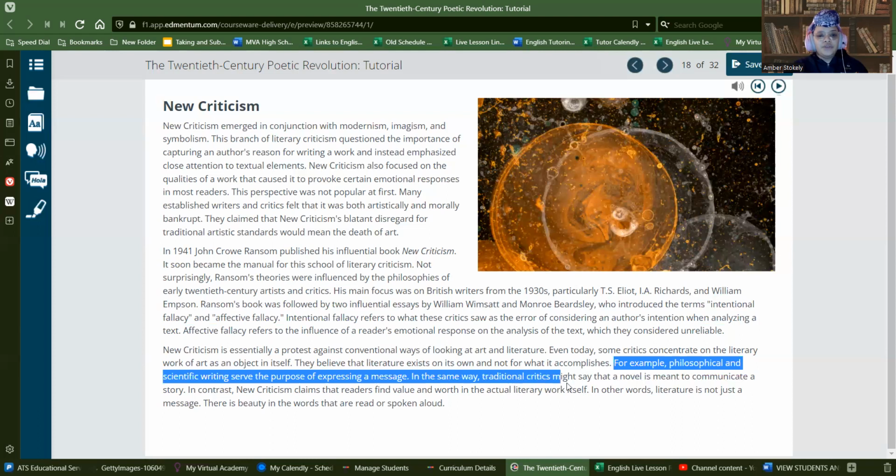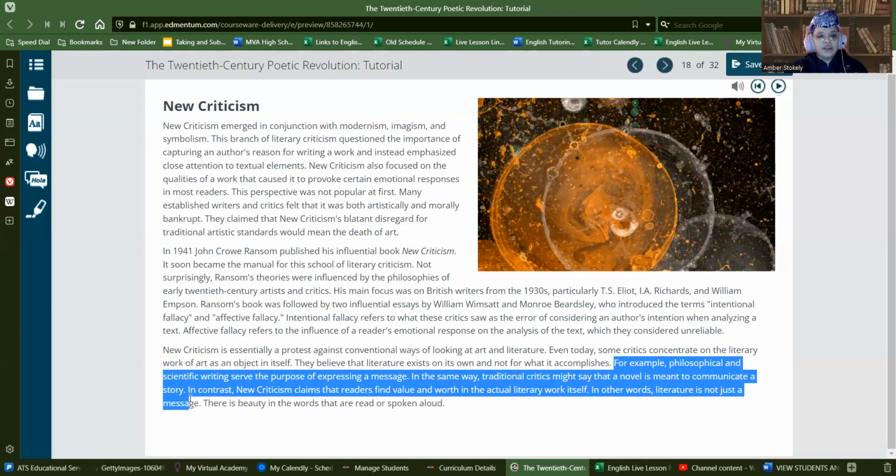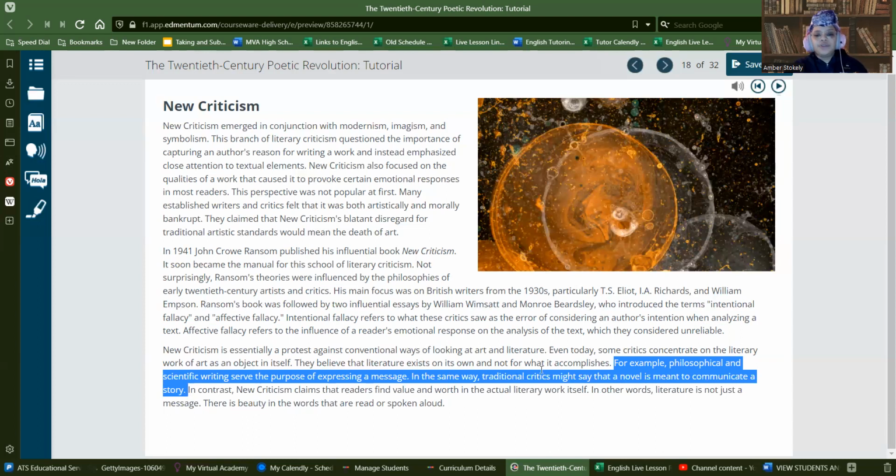In the same way, traditional critics might say that a novel is meant to communicate a story. That's what traditionalists would say. They would approach it the same way that they would approach a science report and say, this book is meant to communicate a story. So that's what it's trying to do.